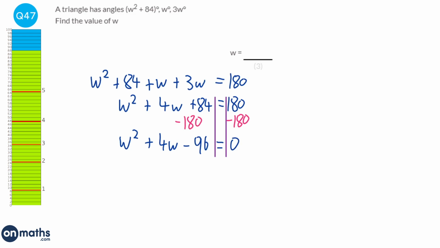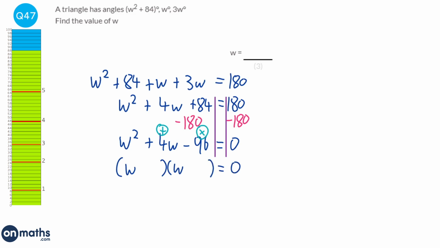So with quadratics, when we're trying to solve them, we need to put them into brackets. And to do that, we need two numbers that add together to make the 4 here and multiply together to make the 96 here. So just going through different numbers for 96, and you can try different ones. The first thing in the bracket would be w.